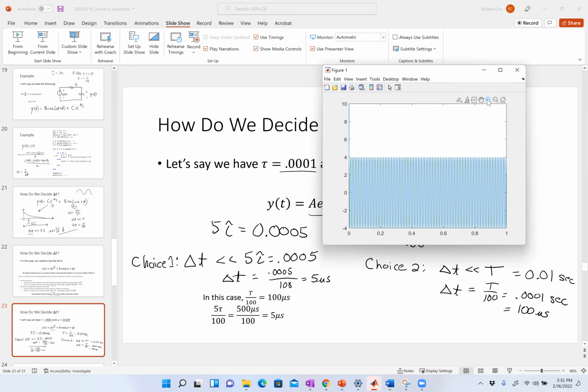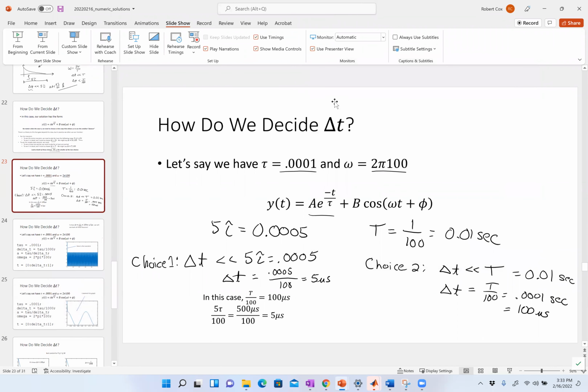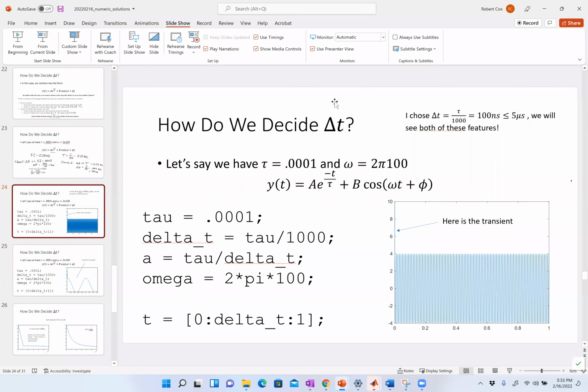If I zoom in on this, there we go. I really zoom in. There it is. So I made sure that I chose my time step to be able to accurately get that thing represented. So here's what I get in that particular case.